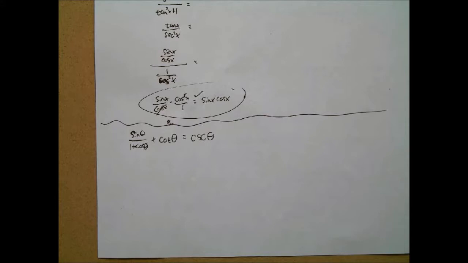Oh, nice. Cool. So if you multiply by a cosine theta, if you had cosine in the numerator and you multiply by cosine theta, it would be cosine squared theta plus cosine theta.